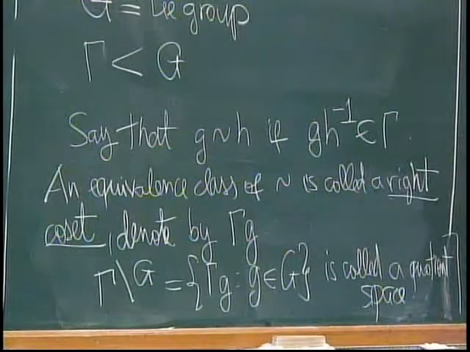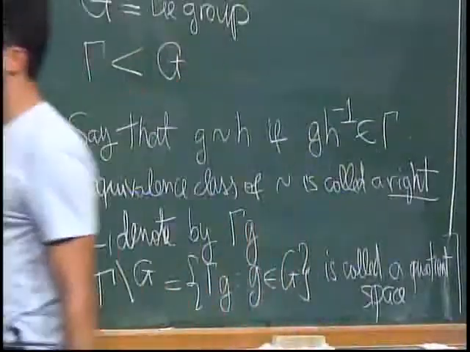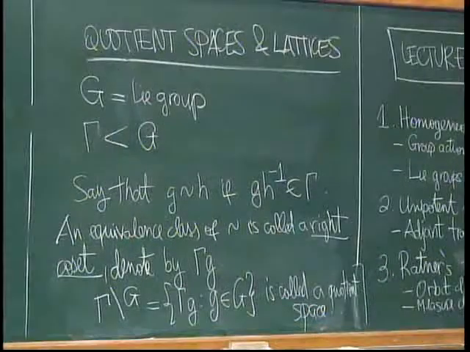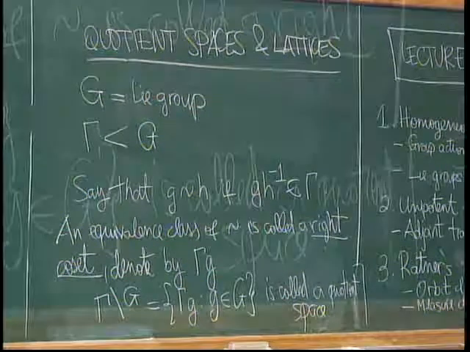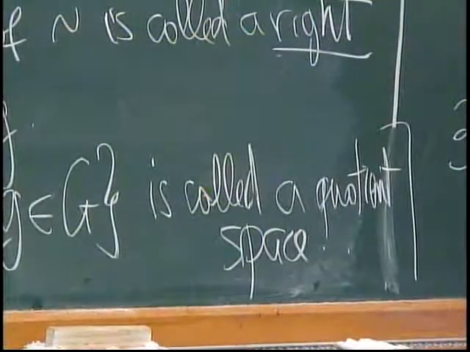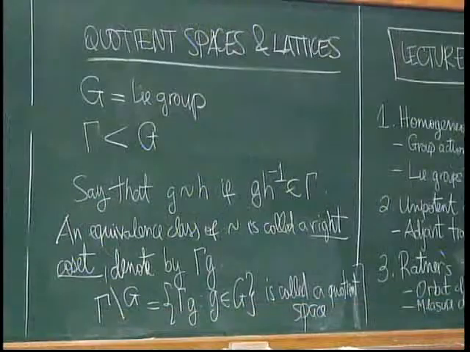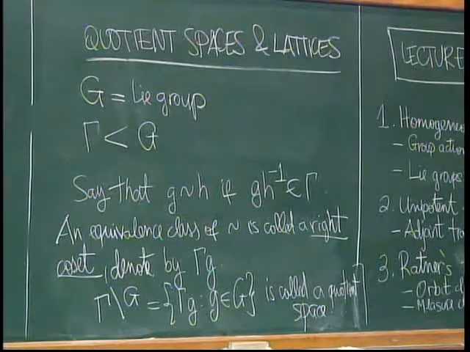In general, even if G is a Lie group, this might not give us something which is smooth. To have that this quotient is smooth, we should assume something about gamma. And the assumption is discreteness of gamma.